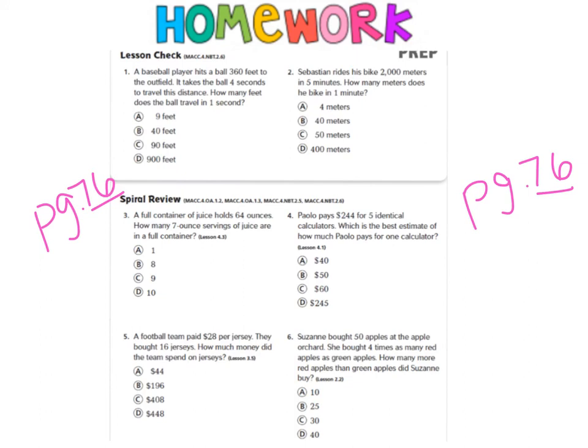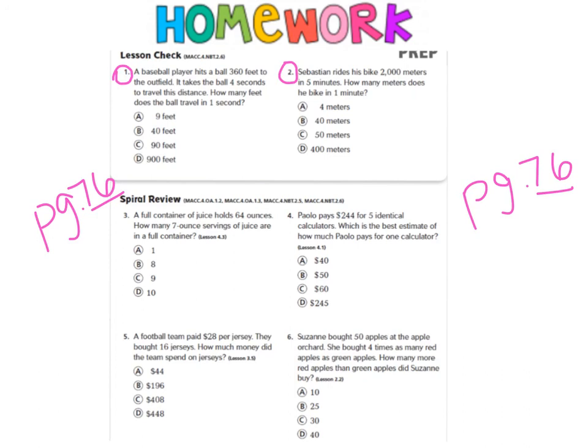All right, mathematicians, it's time for your homework for tonight. You are responsible for questions 1 through 6 on page 76 in your Go Math book. So just be careful with numbers 1 and 2. These word problems are like the word problems that we saw on the last problem solving question that we did.